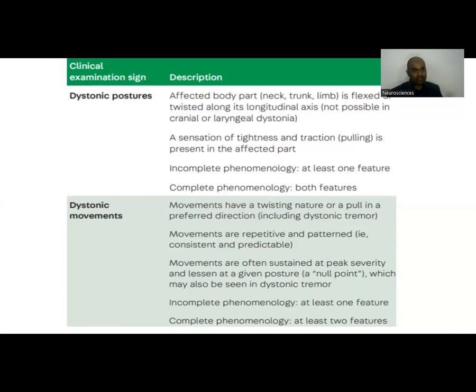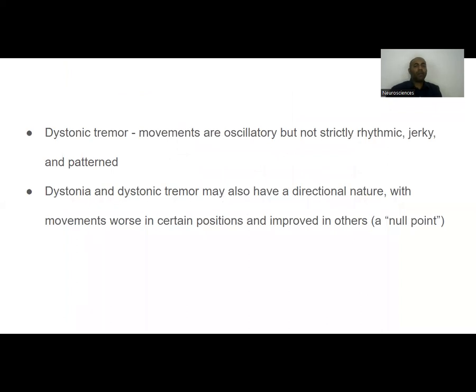Unlike classic tremor, dystonic tremor movements are oscillatory, but not strictly rhythmic. They can be jerky and patterned. In both dystonia and dystonic tremor, we have a directional nature, and the movements can become worse in certain positions and improve in certain positions. The position in which it improves is called a null point.